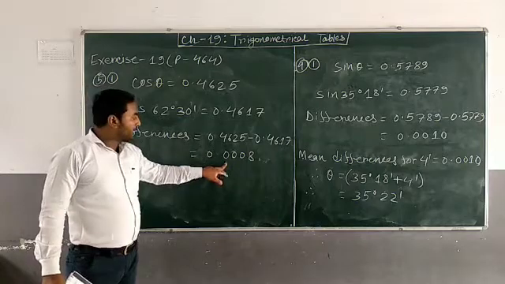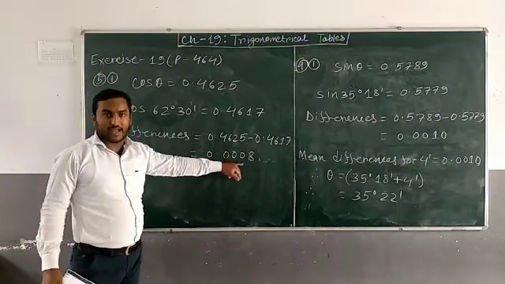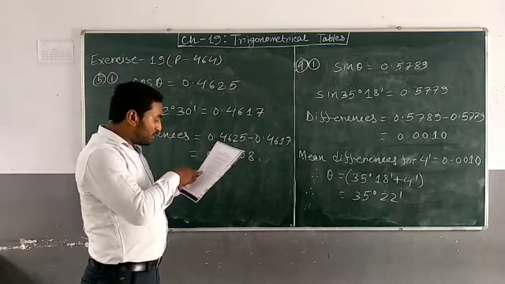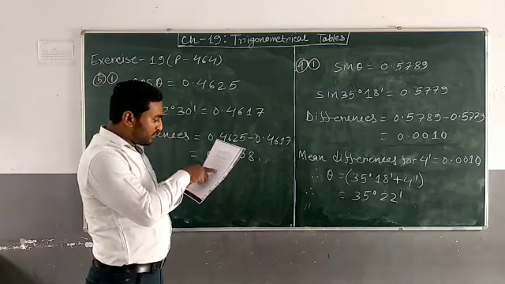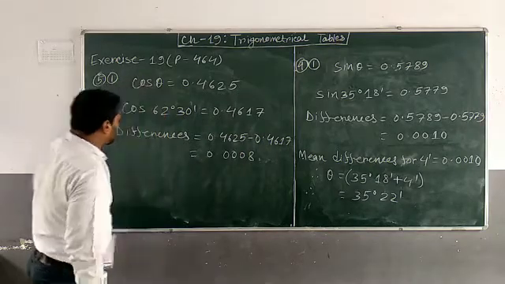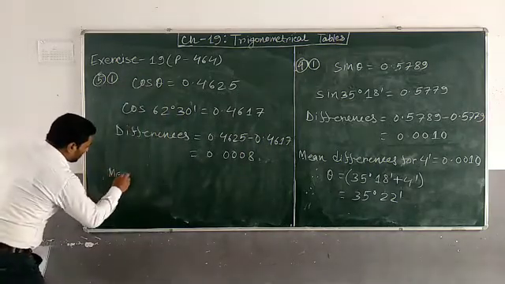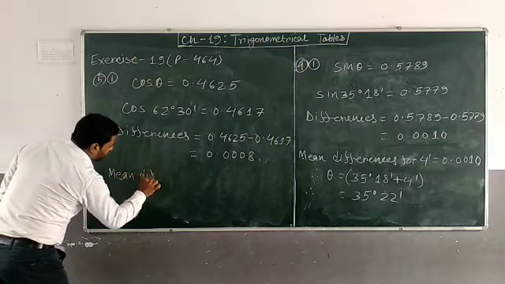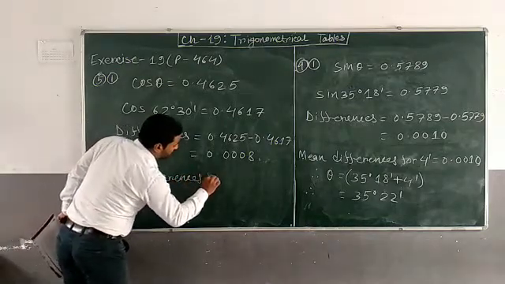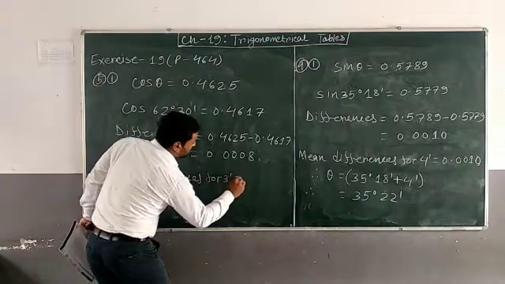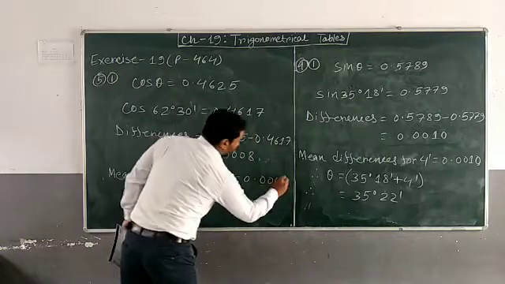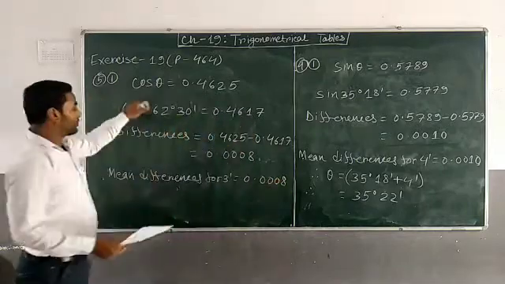Now you have to find for how many minutes this is the mean difference. See the 62 degree row, that is 8. 8 is the value for 3 minutes. So the mean difference for 3 minutes is 0.0008. And this is for cos theta, so you have to subtract.